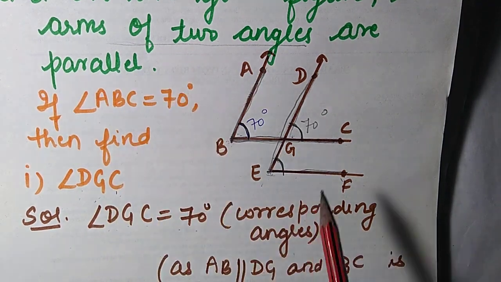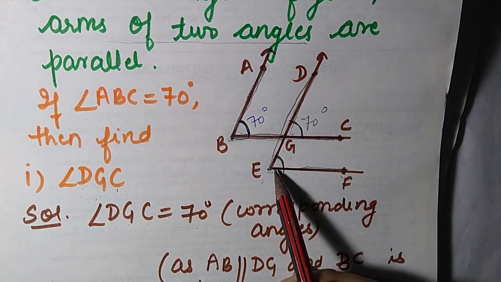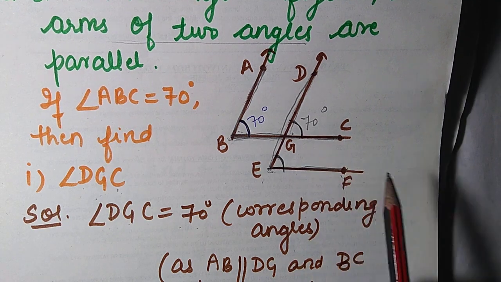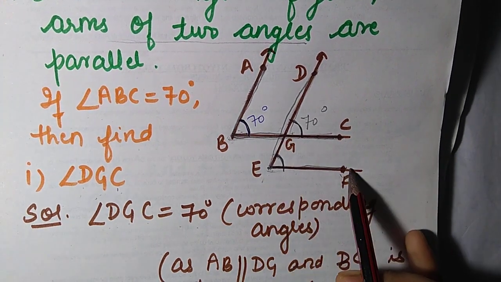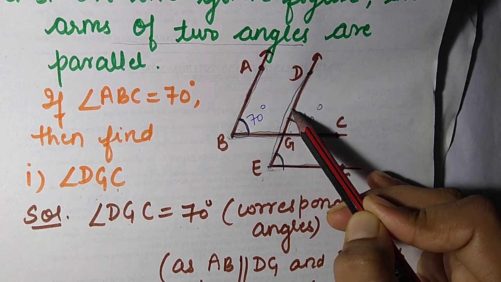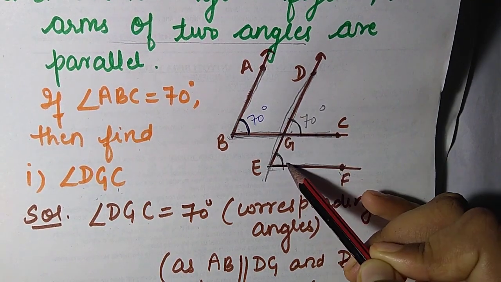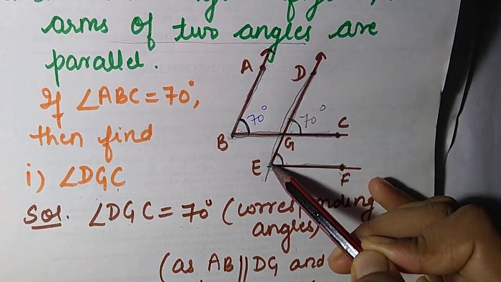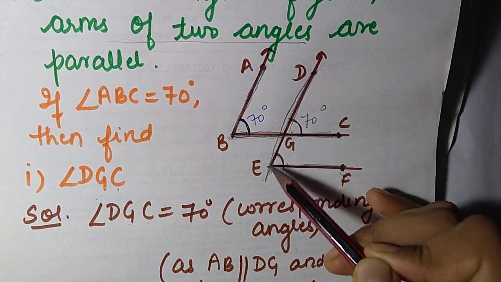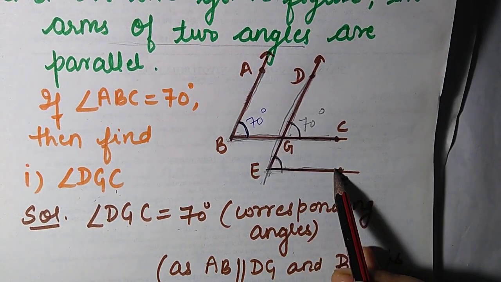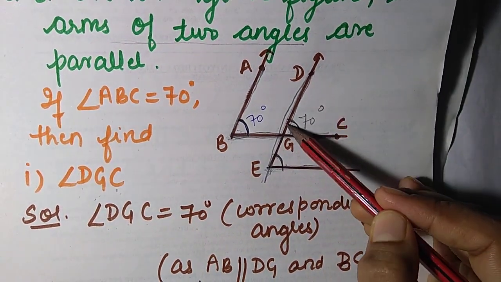That simply means BC is parallel to EF. These two are parallel lines, and the line DE is intersecting these two lines, so this is a transversal.